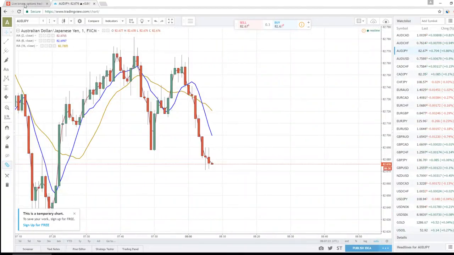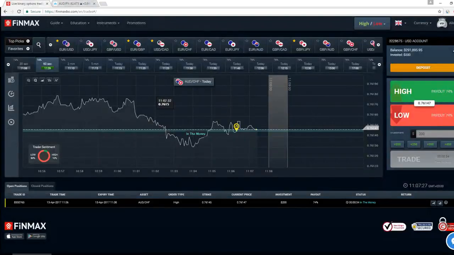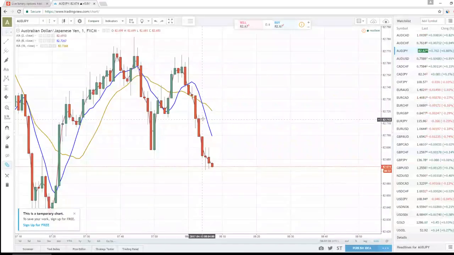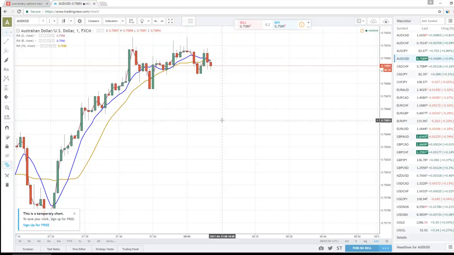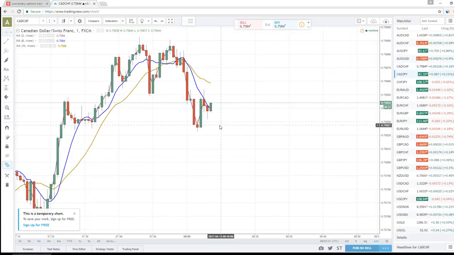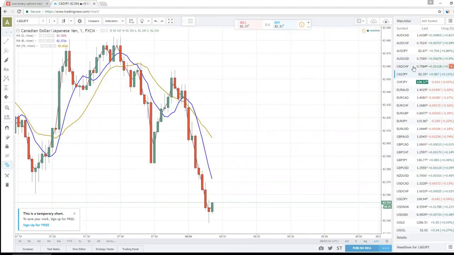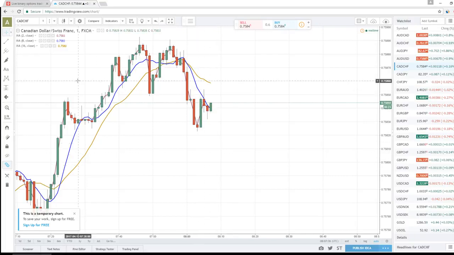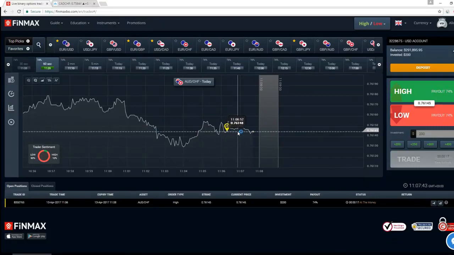So right now it's not in the good direction for me, for my trade. And meanwhile I'm checking the other assets. So right now something interesting as well: Canadian dollar to Swiss franc, also for high.